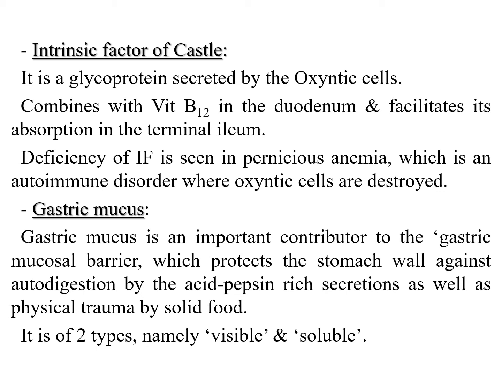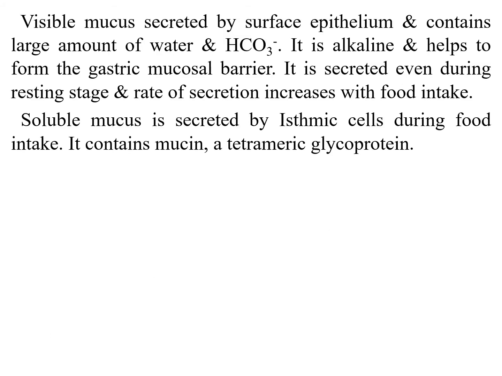There are two main types of gastric mucus, one that is visible and one which is soluble in the visible mucus. Meaning one that can be visualized and one which is soluble inside that visible mucus. What is the visible mucus?